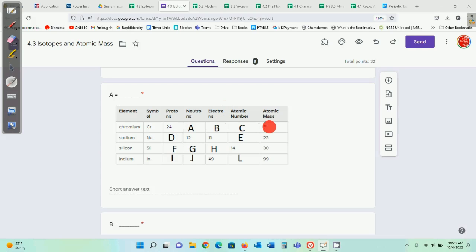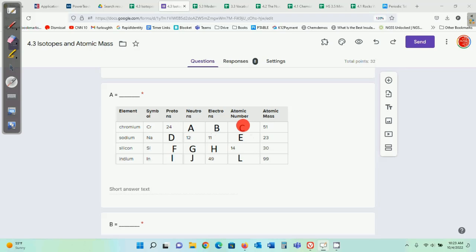If the atomic mass is 51, then we're going to say 51 minus 24. Okay? And that gives us the number of neutrons. So what would that be? 27. So 27 neutrons in this isotope.